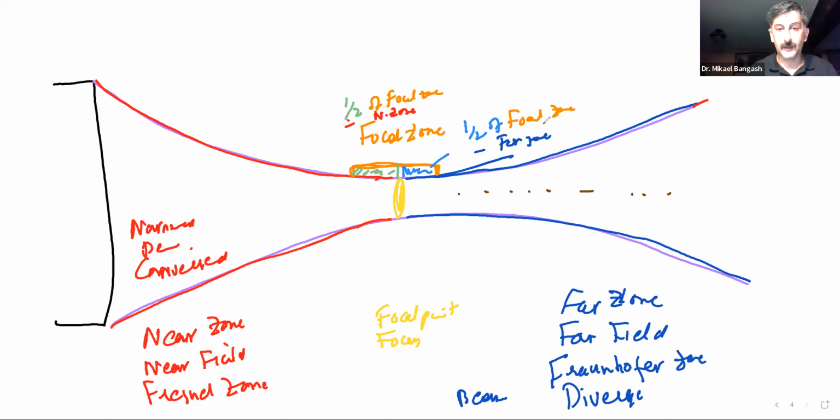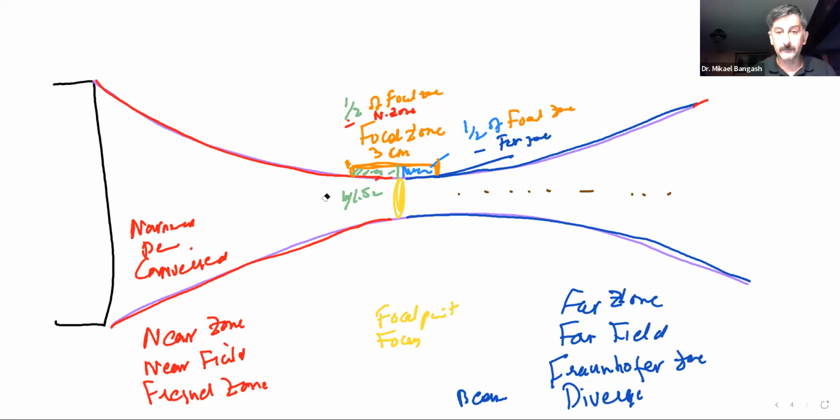So if we assume that from here to here, our focal zone, for instance, was a total of 3 centimeters, that means half of that 3 centimeters, sorry, 1.5 centimeters of your focal zone was going to be in the near zone.